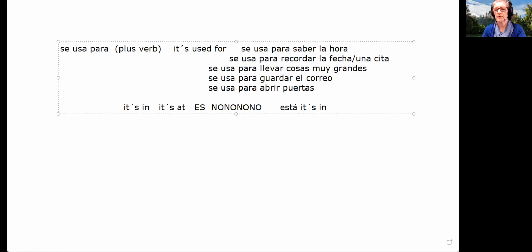It's in. Or it's at. Está en una casa. Está en una tienda. Está en la cocina. Está en el baño. Bien. Está en el patio. It's on the patio. So make sure you're using the location verb, está.